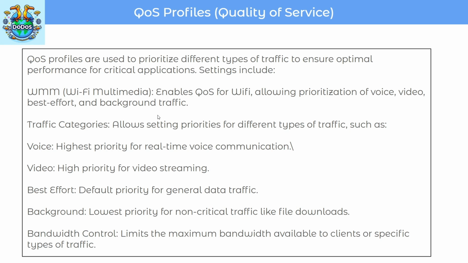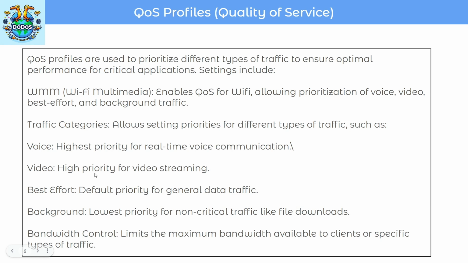Now let's get into the settings that would be included in this. WMM, or Wi-Fi Multimedia, enables QoS for Wi-Fi, allowing prioritization of voice, video, best effort, and background traffic. The traffic categories allow setting priorities for different types of traffic, such as voice, which is the highest priority for real-time voice communication, like I was just talking about.